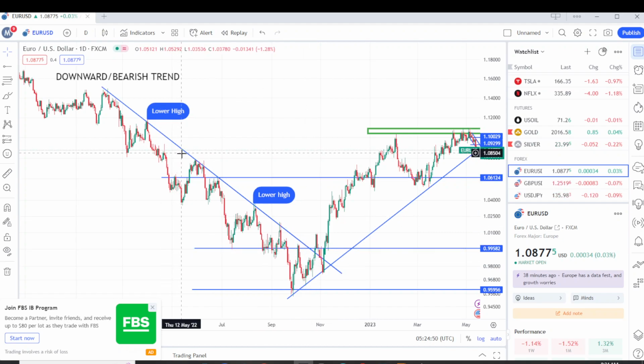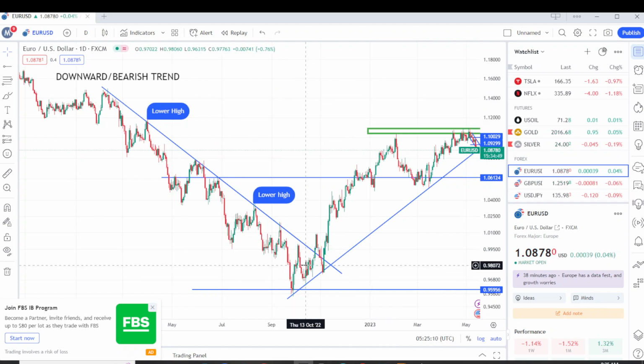Remember, at this point here, the candlestick did intersect the trend line, but when the candlestick closed, it was below the trend line. But for this case here, price did break the trend line, and also the price closed above the trend line. Now this is a valid trend line breakout.